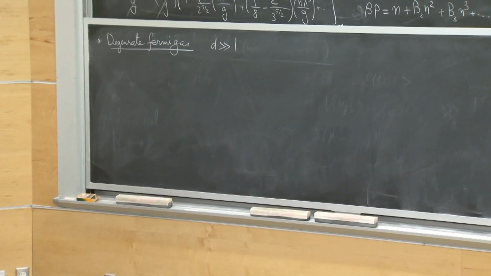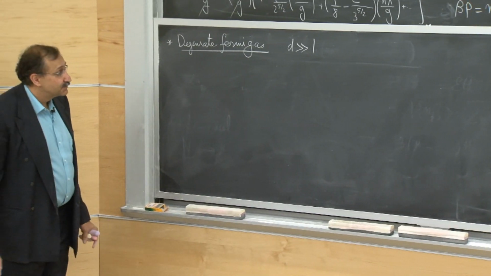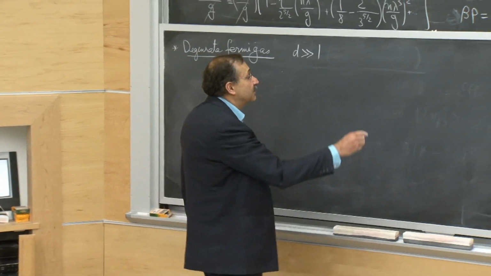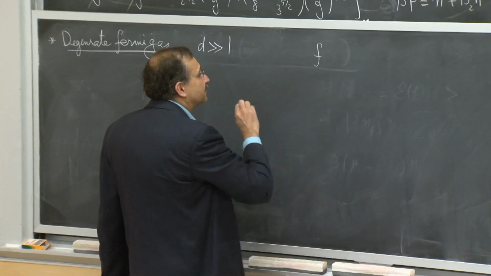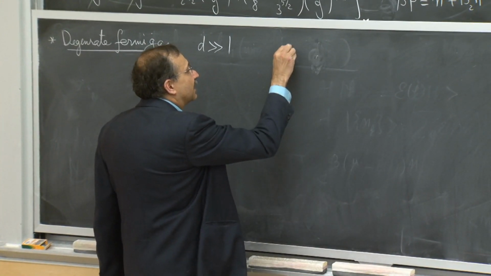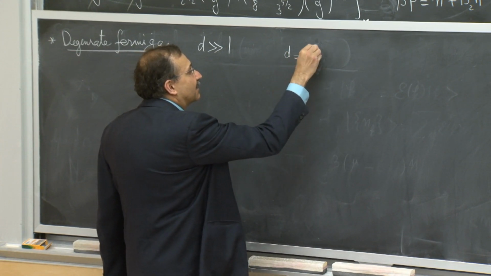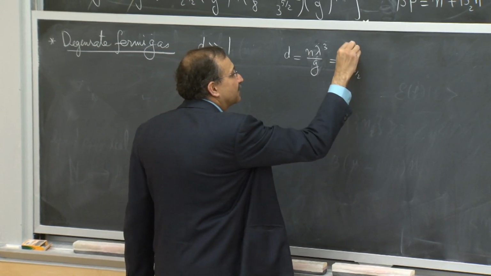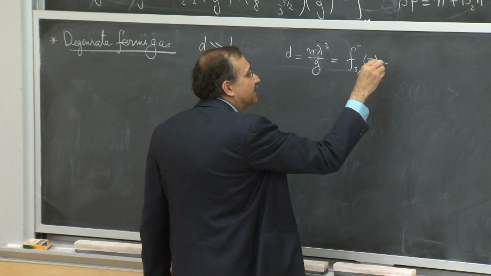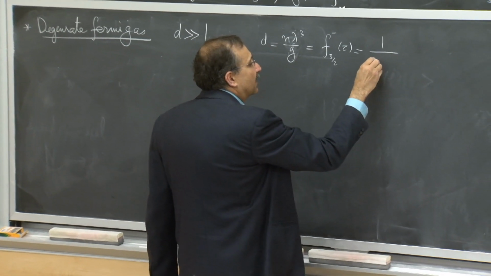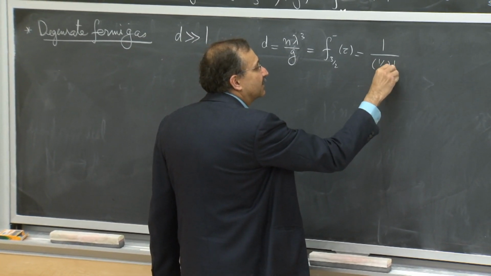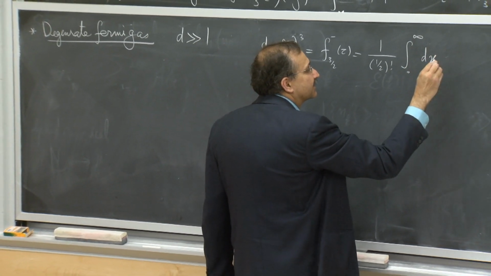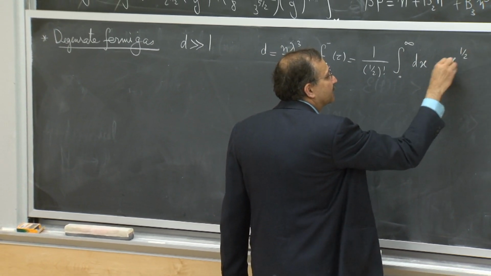So what do we do in this limit? What I need to know is to look at one of these functions. So let's say we have d n lambda cubed over g is f3/2 minus of z, which is 1 over 1/2 factorial, integral 0 to infinity dx x to the 1/2.